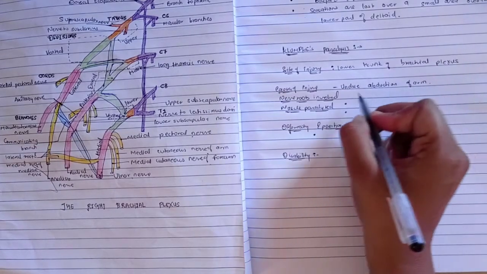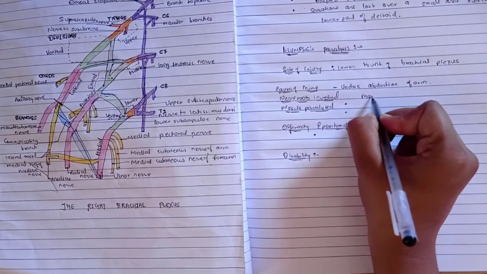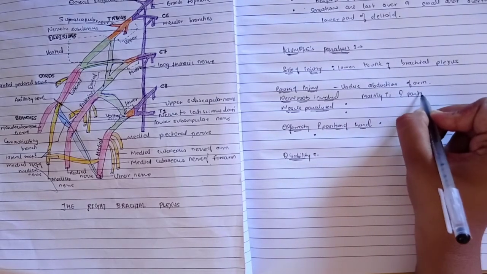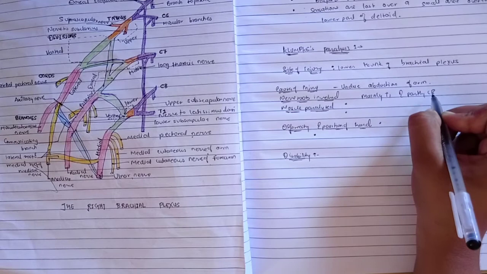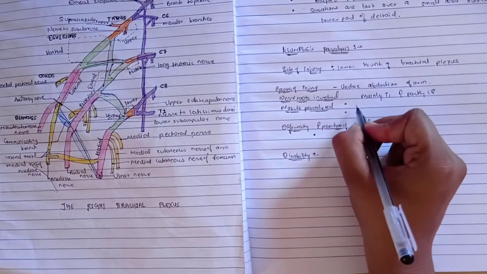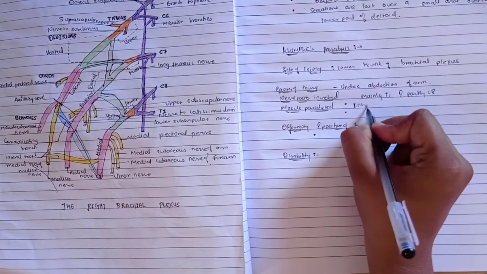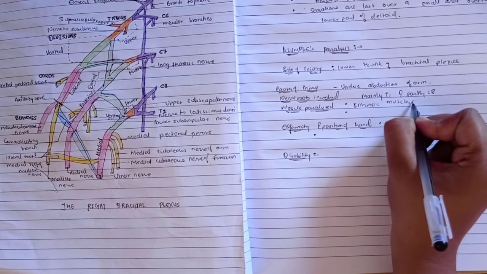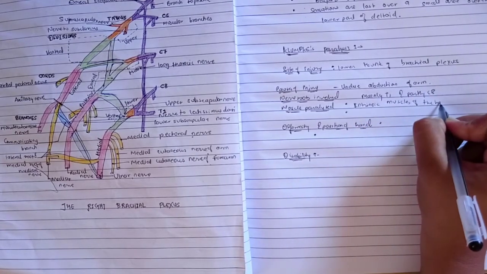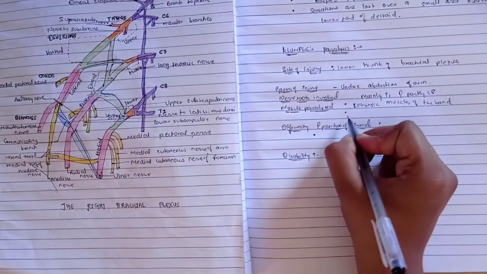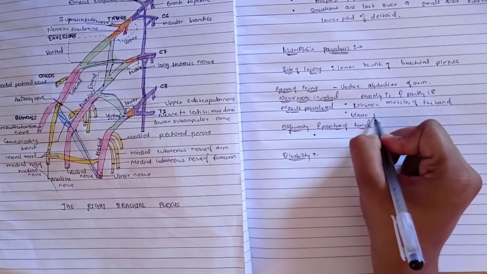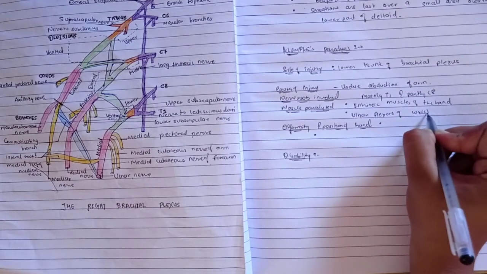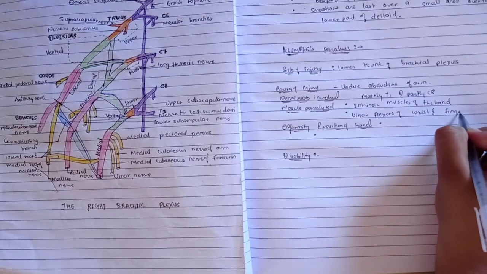The nerve roots involved are mainly T1 and partly C8. The muscles paralyzed are first the intrinsic muscles of the hand, and second the ulnar flexors of wrist and fingers.